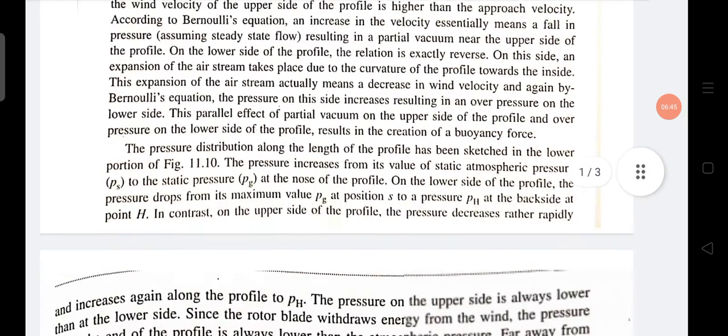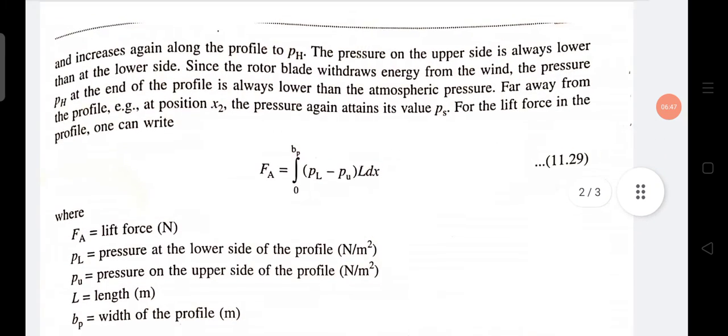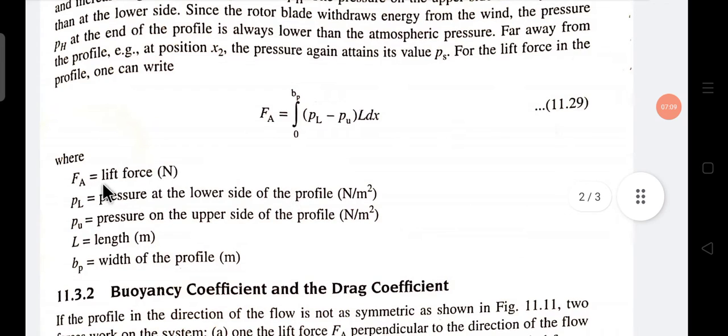Now you see this is for the lift force. For the force placed on the profile due to the pressure variation, one can write this formula. Remember this formula. Here Fa is called the lift force, PL is the pressure at the lower side of the profile, and Pu is the pressure on the upper side of the profile.